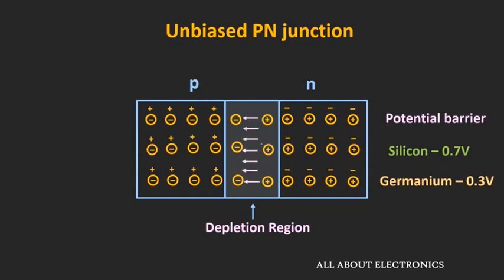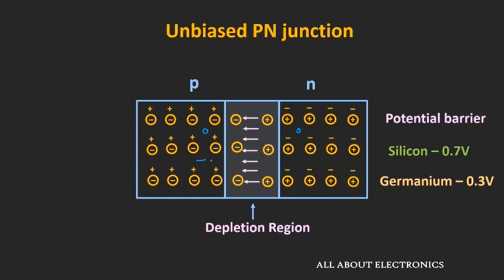But due to this electric field, the minority carriers in both regions will be able to cross this depletion region. For example, the holes which are minority carriers in the n-type region will get swept from the n-type region towards the p-type region, and they will become majority carriers in the p-type region.